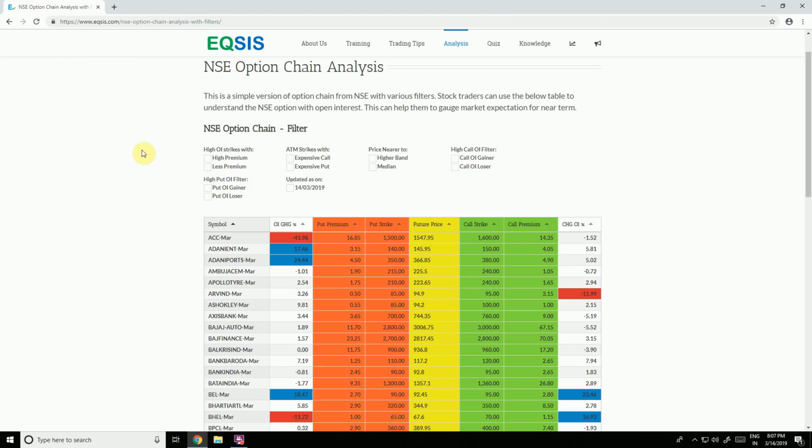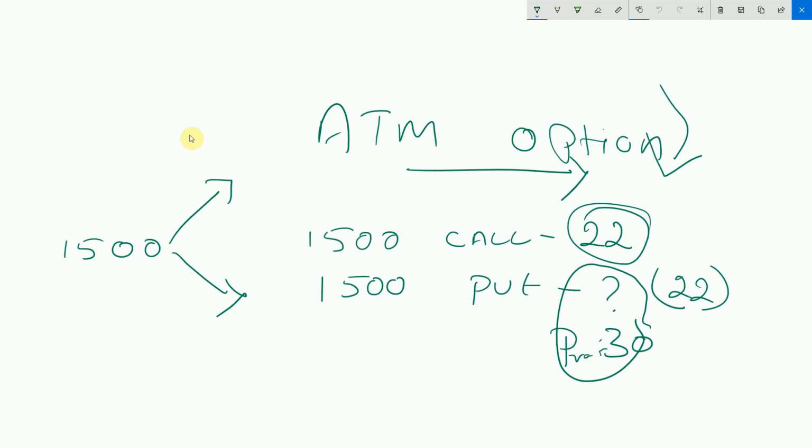Now look at this one. If I take a whiteboard again, see, if a market is trading here, which is 1,500, we know that the 1,600 market has less chance to go, and the 1,400 market has less chance to go.